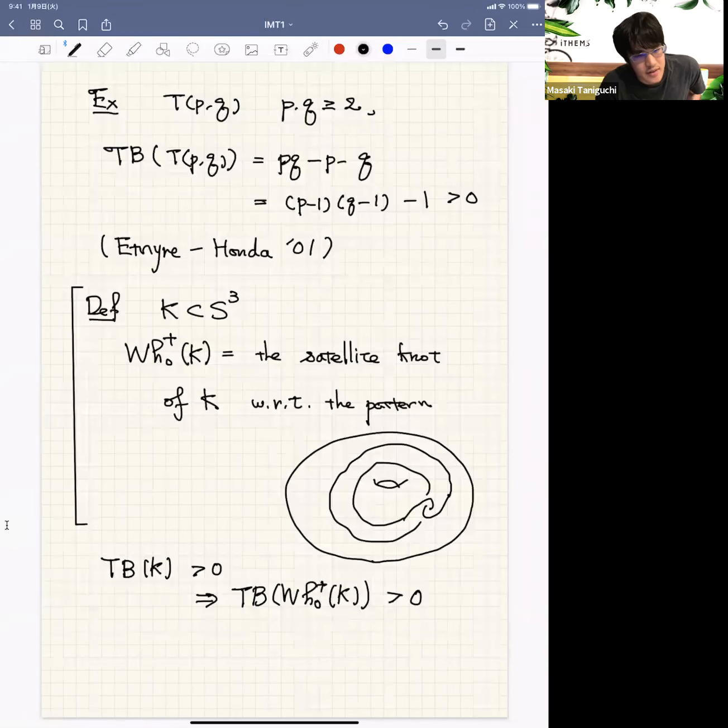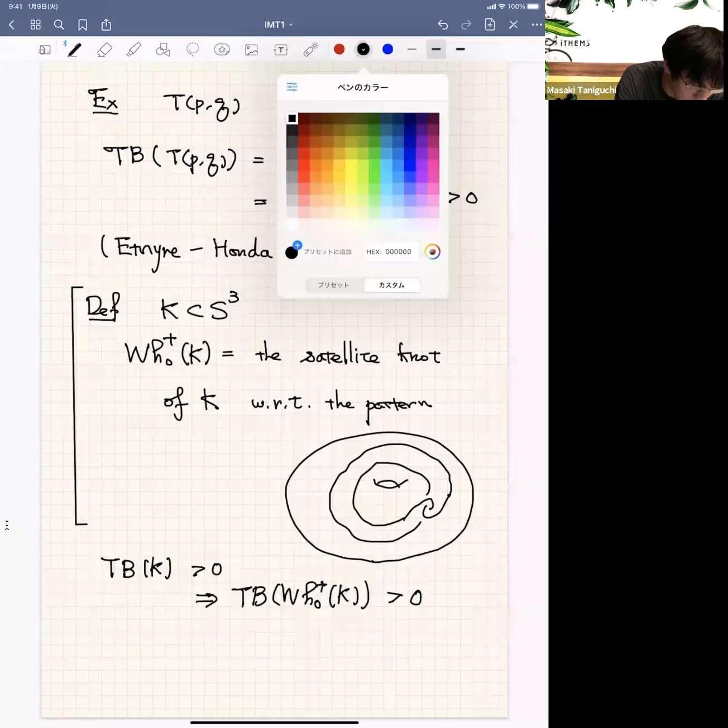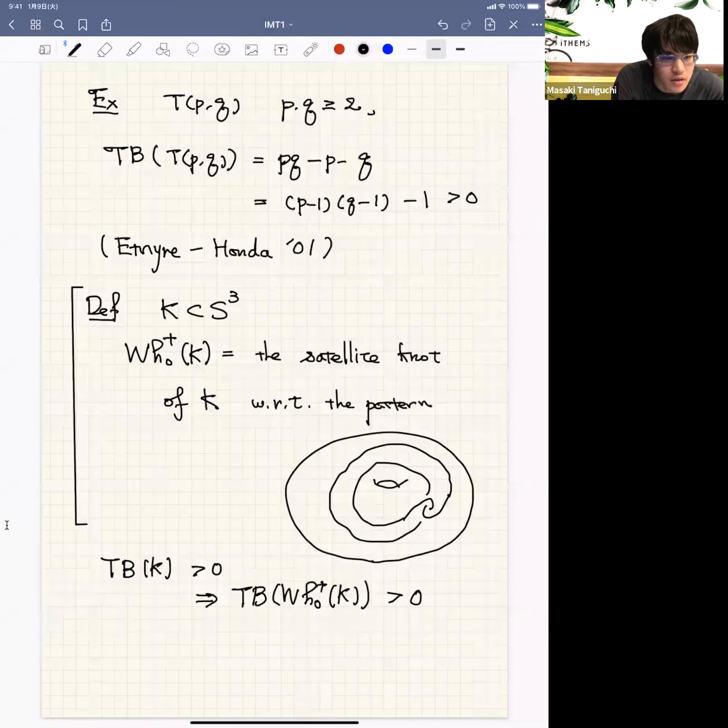Actually, there is a diagrammatic method to describe Legendrian knots, the so-called front projection. By using the front projection, the TB number is easily estimated. By using such a method, we can conclude this result.